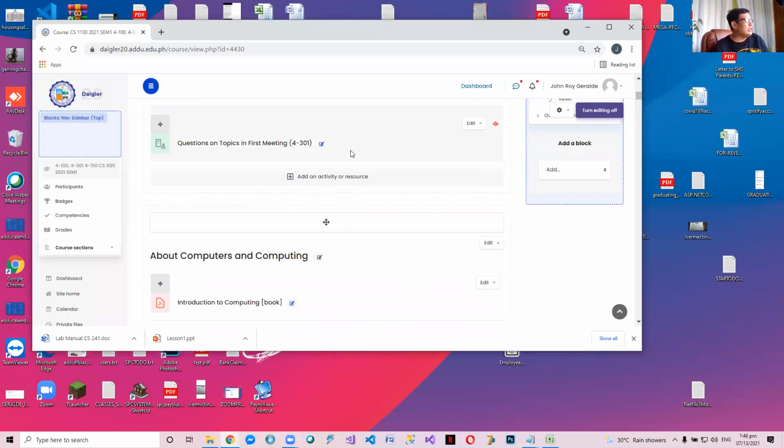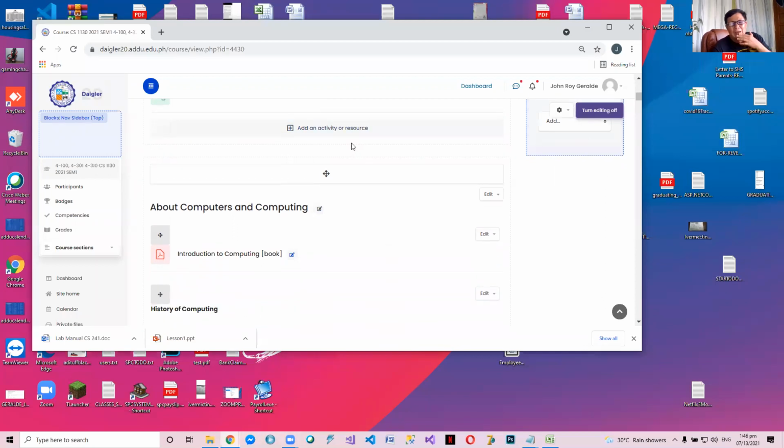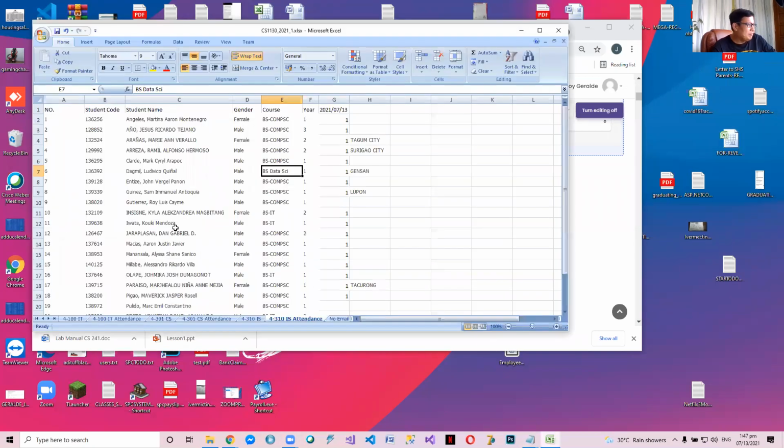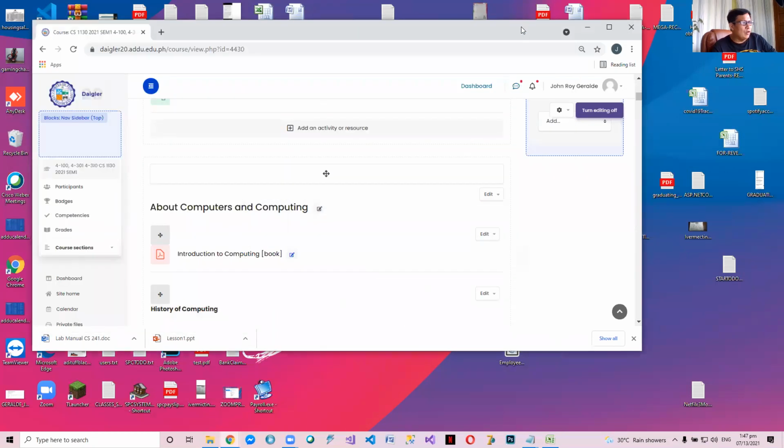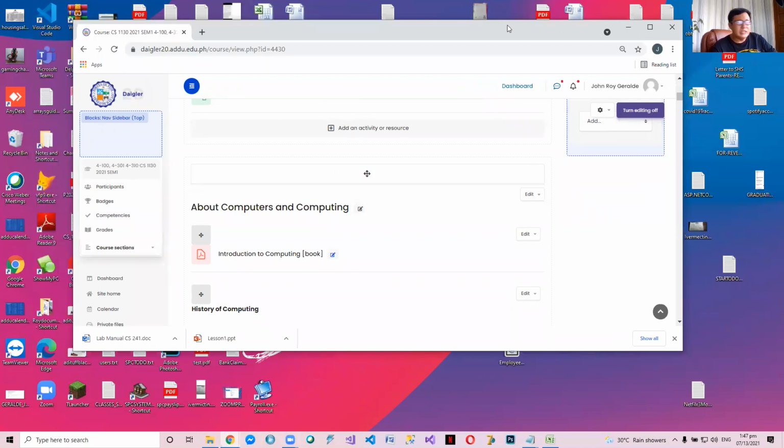So this is introduction to computing. What is this course all about? This is a sneak preview. Most of you are freshmen. This is an overview of most of the majors that you will take during your 4 years in the computer studies division.